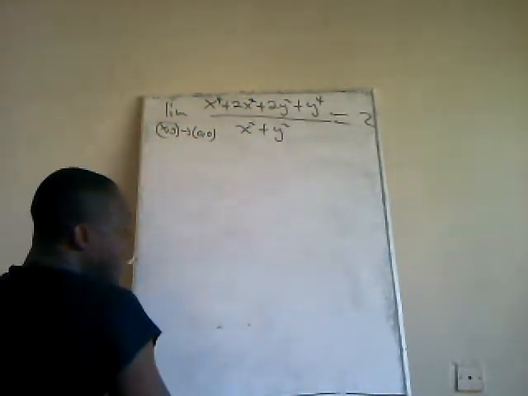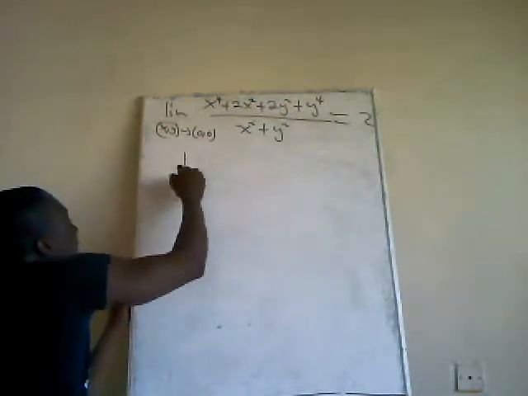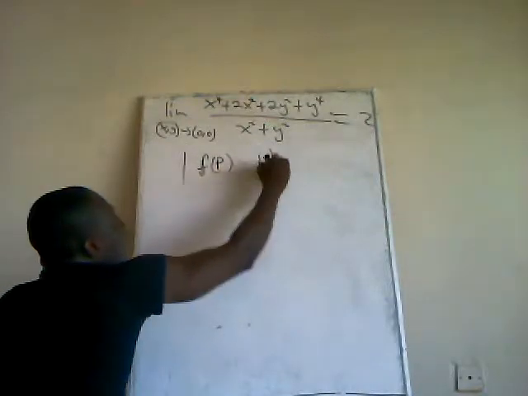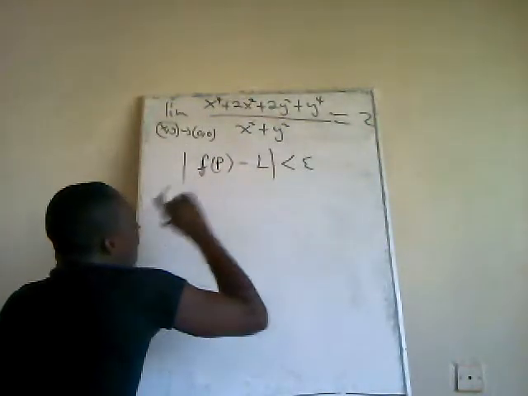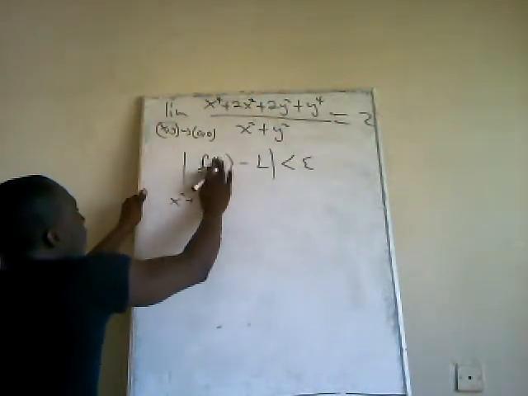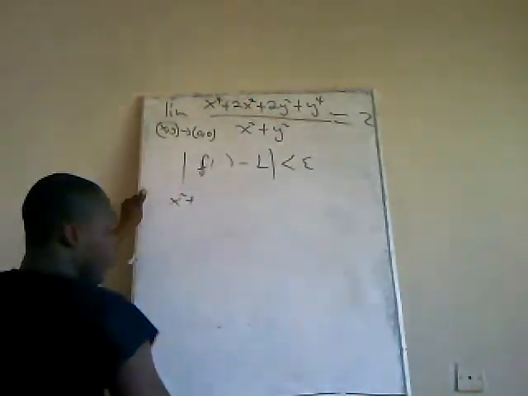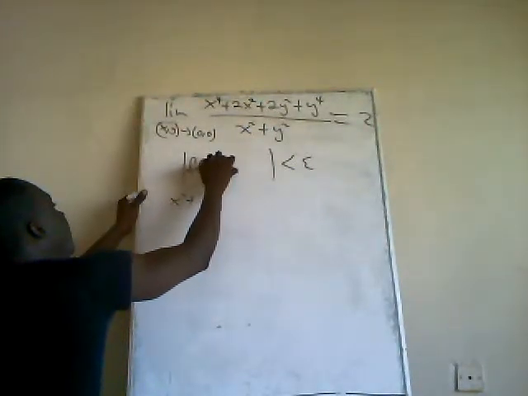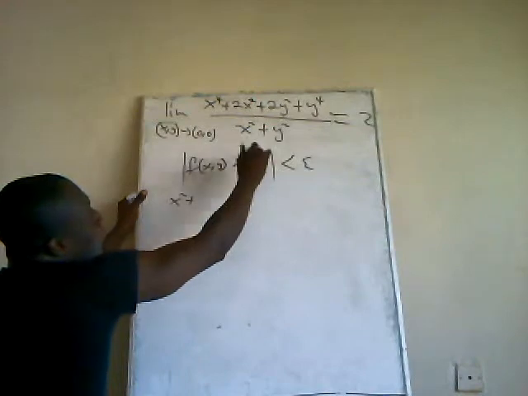Okay, now this is where I start from. I start from where it says that f of P minus L is less than epsilon. F of P is f of (x, y) minus L, which is 2.